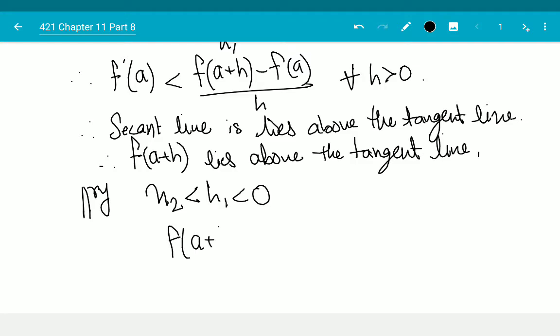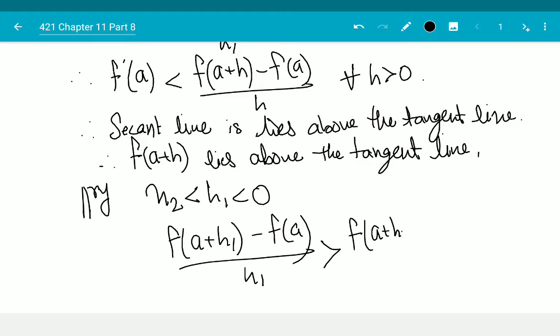F of a plus h1 minus f of a over h1 is now going to be bigger than f of a plus h2 minus f of a over h2, right?